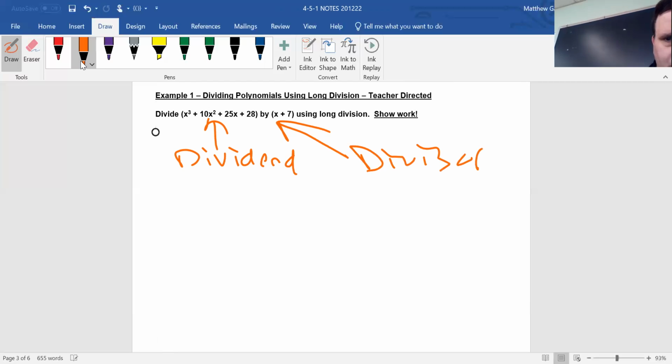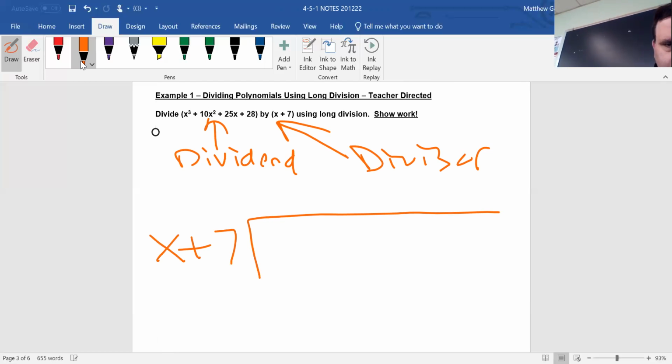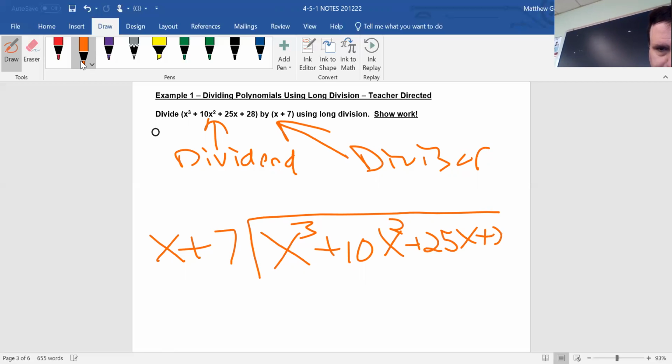You're looking for the quotient. So when we look for the quotient, we want to see how many times x plus 7 goes into x cubed plus 10x squared plus 25x plus 28.